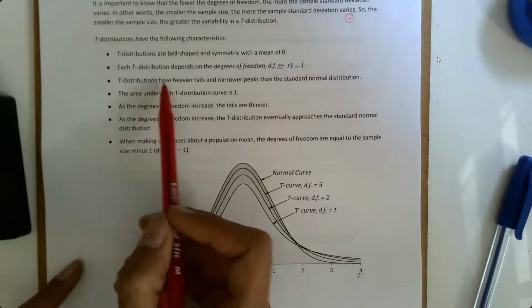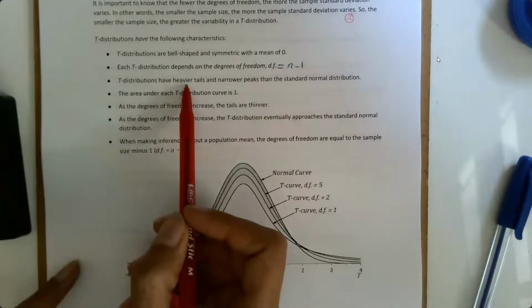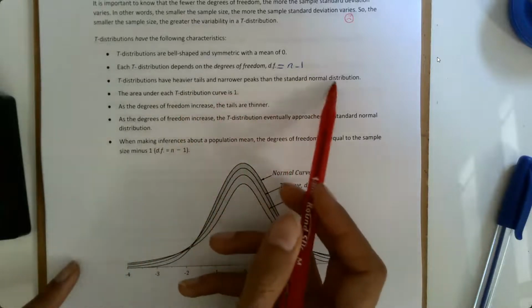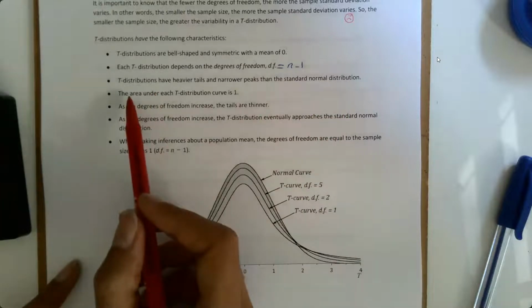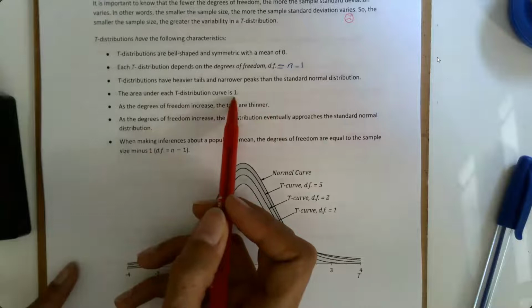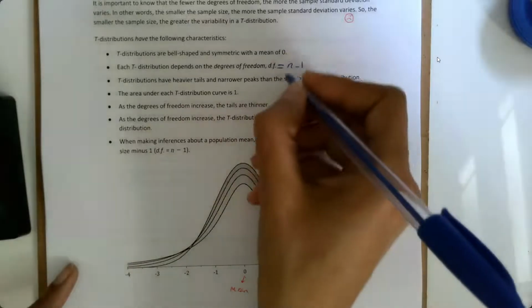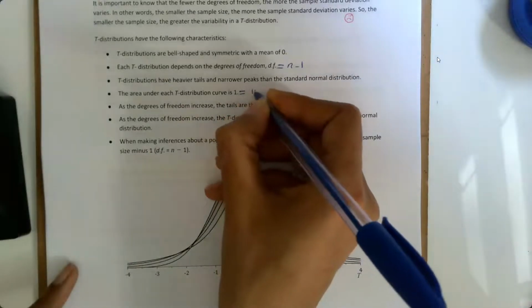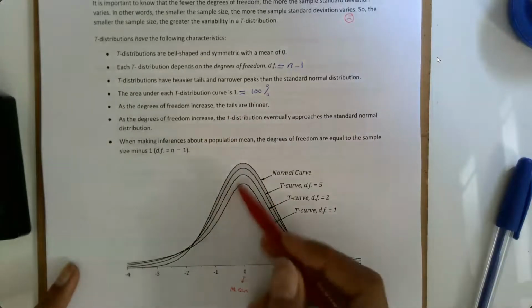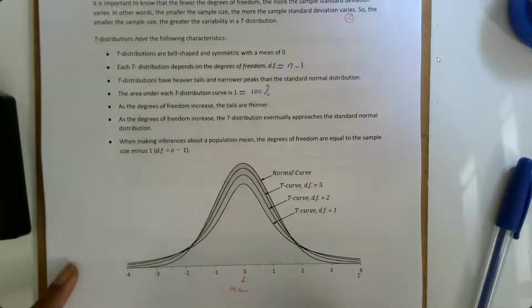T-distributions have heavier tails and narrower peaks than the standard normal distribution. The area under each t-distribution curve is 1 or 100%. So this area below the graph is 1 or 100%.